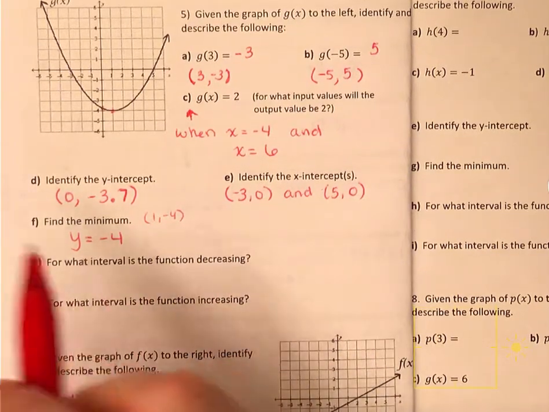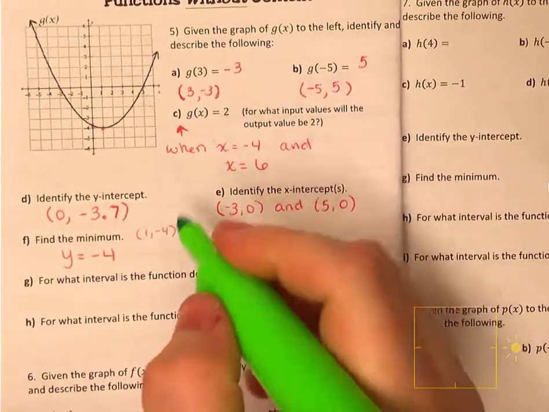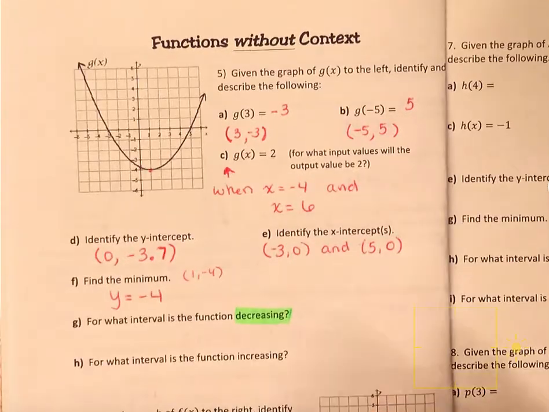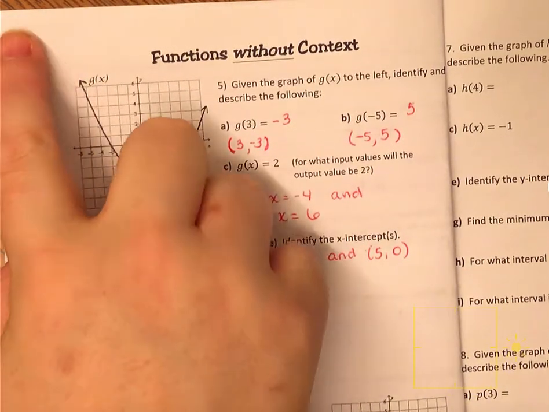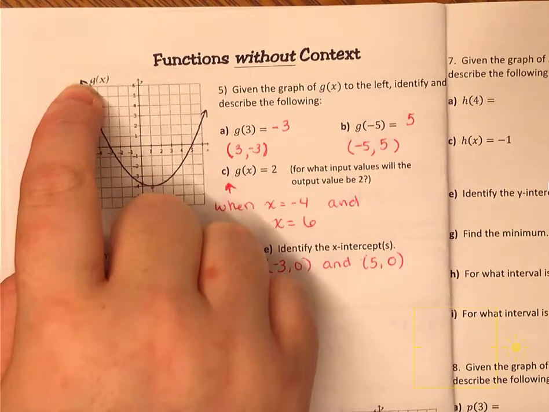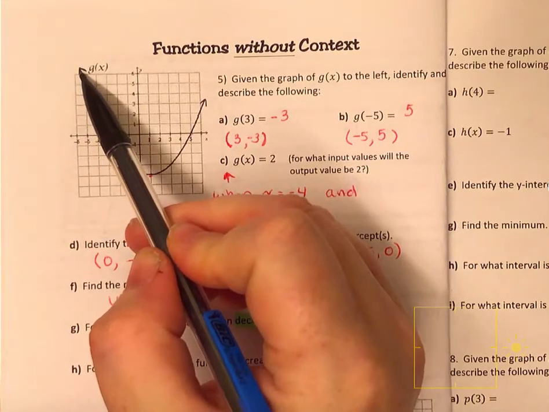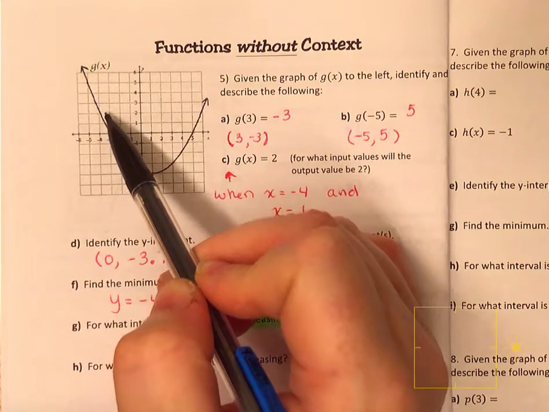For what interval is the function decreasing? So I'm going to get my highlighter, decreasing. So remember, it goes from left to right. This graph actually keeps going forever, but I'm just going to use this for right now. As I move on this graph, on this left-hand side, as I move to the right, I follow my graph, and it is going down right now.